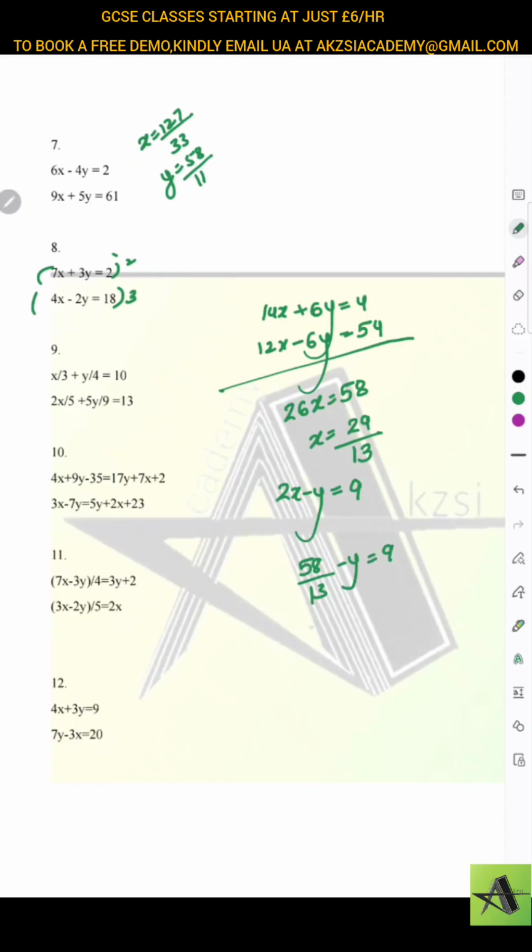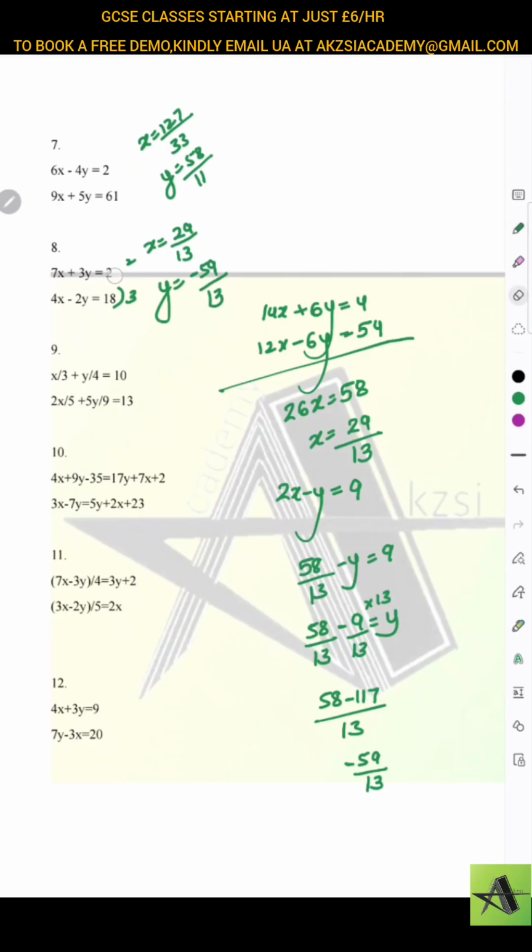On rearranging, I'll get 58 over 13 minus 9 is equals to y. Now same, we have to take the LCM, so I'm multiplying this with 13, and this will give me 58 minus 117 over 13. That will give me minus 59 over 13. So we got x is equals to 29 over 13 and y is equals to minus 59 over 13.